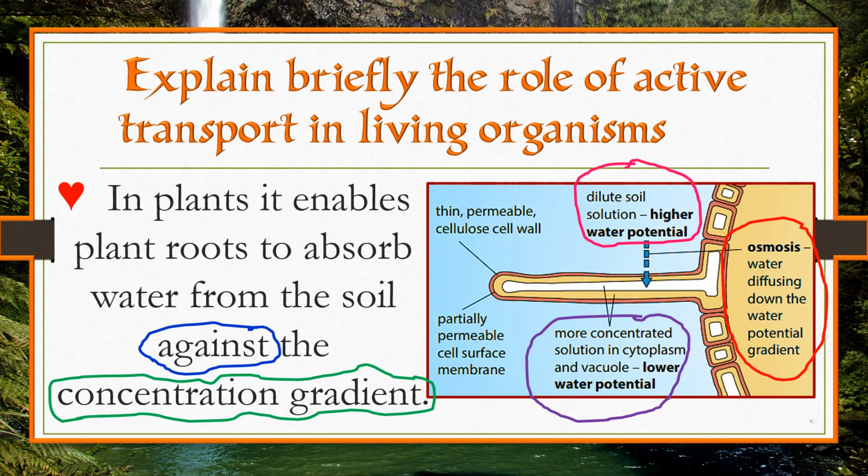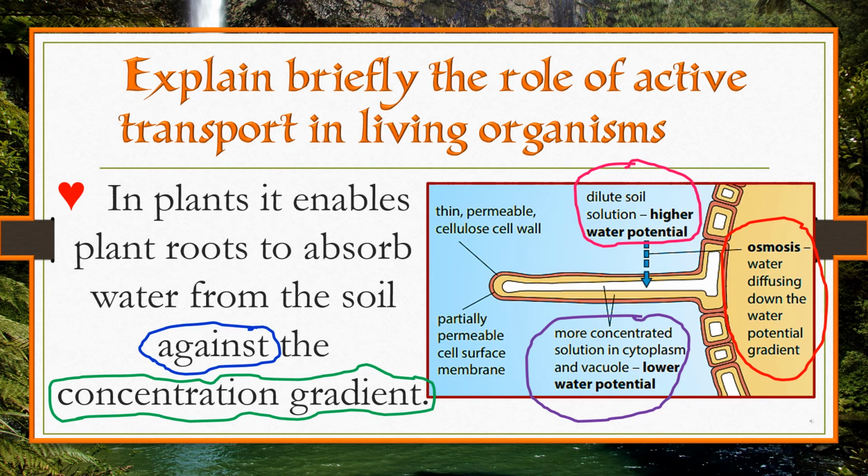So that means that the water which is in the soil is going to be transported against the concentration gradient, because in the cytoplasm and the vacuole of the root hair of arid plants, they have more water, meaning that they have a high water potential, and the soil surrounding the root hair has less amount of water, so meaning it has lower water potential.